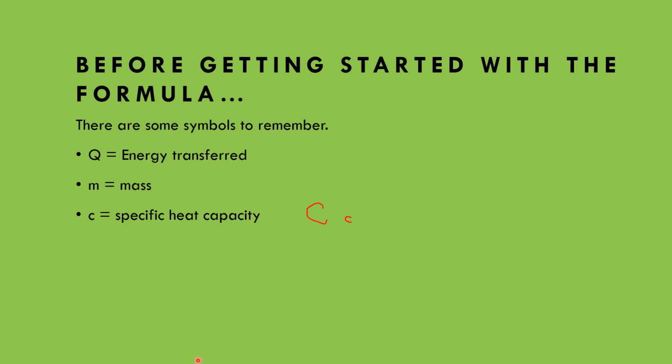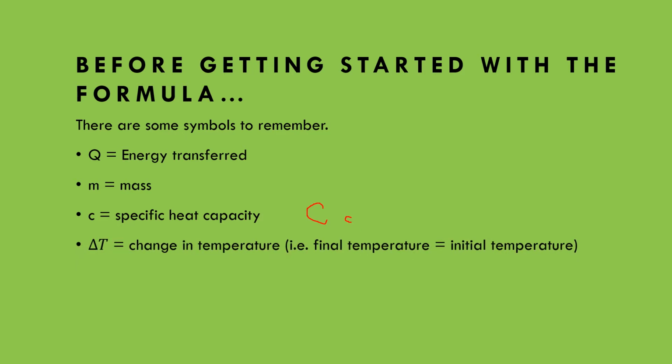Just think about it like this: if you are more specific, you are more careful, and if you are more careful, you will also notice smaller details. So make sure that specific heat capacity is the smaller symbol, the lower case. And also delta T is the change in temperature, which is the final temperature minus the initial temperature. Sorry, this should be minus instead of equal.